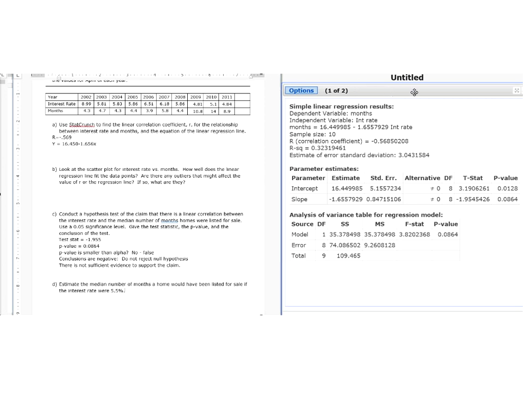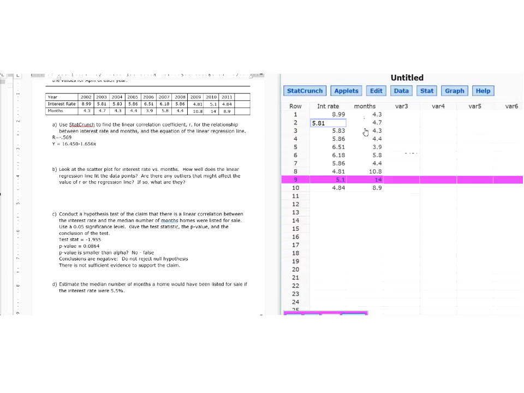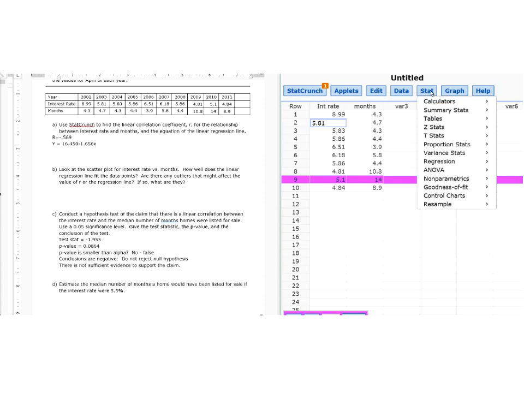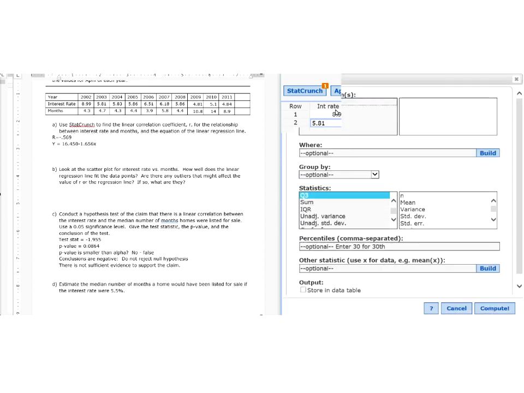So to do that, what we would need to do is go back to our StatCrunch and just find the average of the numbers of months here. To get that really quick, we can do Stat, Summary Stats, Columns, and we just want the average for the months.